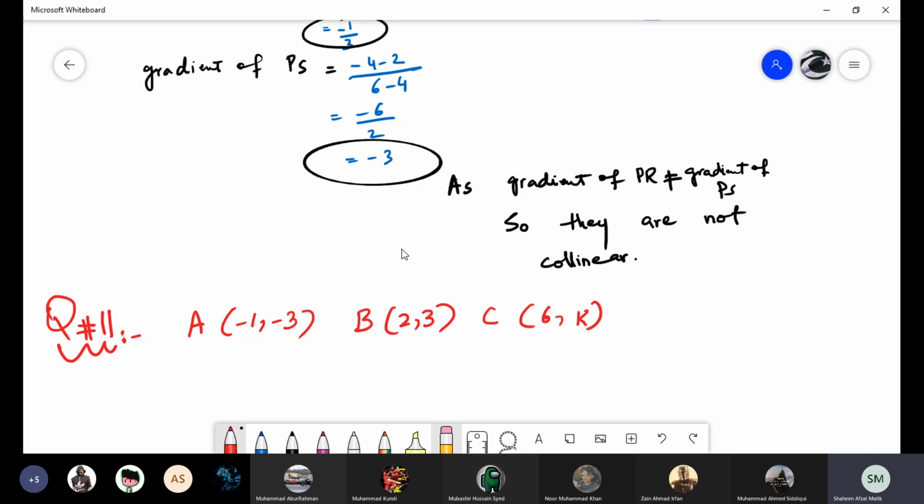So what we have to prove, all three points are already given to us. It's the same question as the previous one.